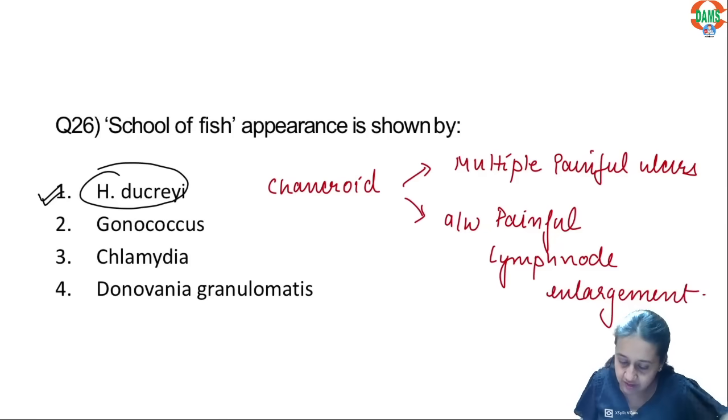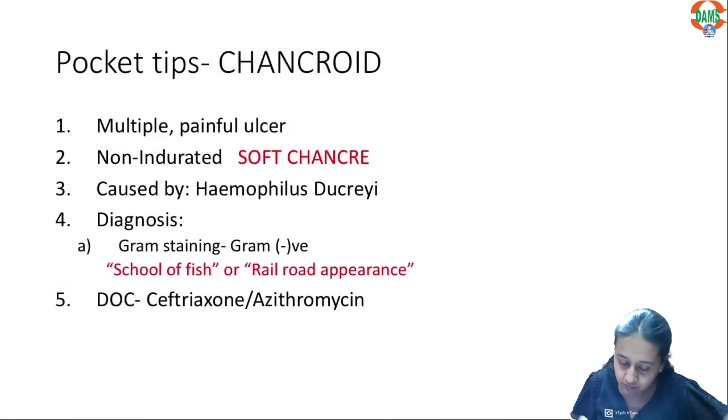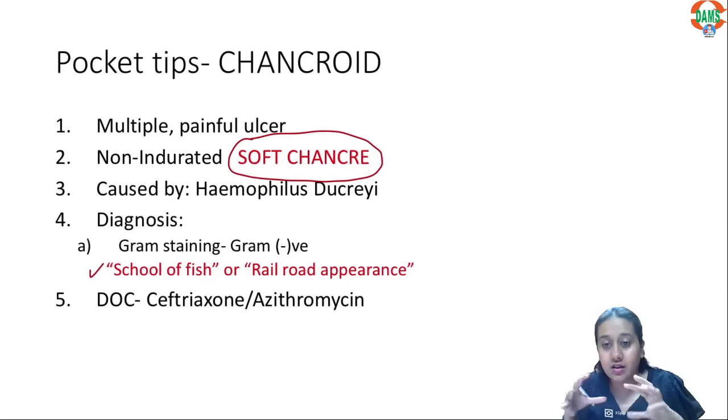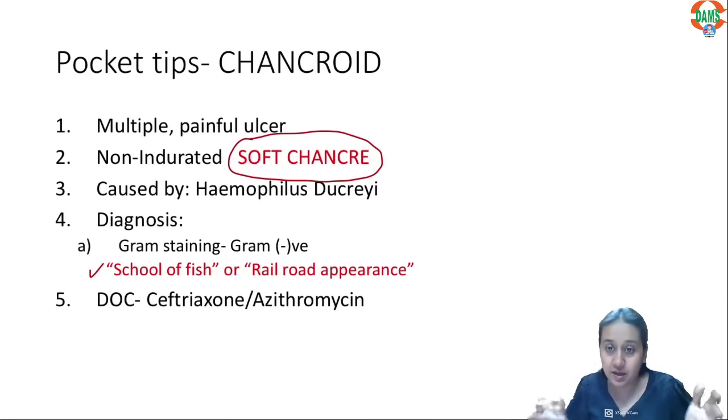The other feature is the lesions are soft to touch, and that is why they are known as soft canker. When you do a gram stain in these individuals, you see a very characteristic grouping of these bacteria, which is known as school of fish or railroad track appearance.